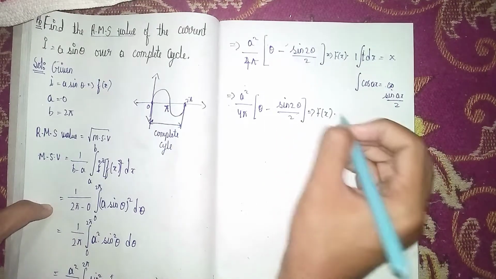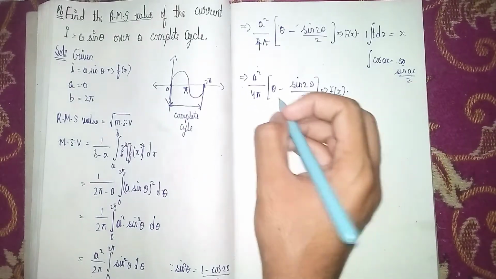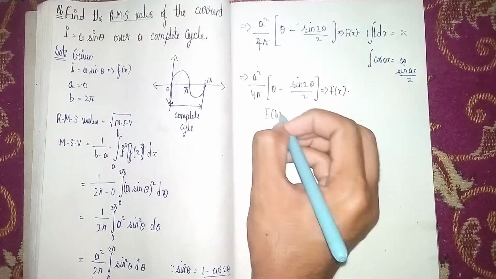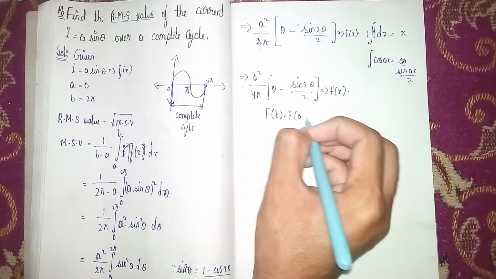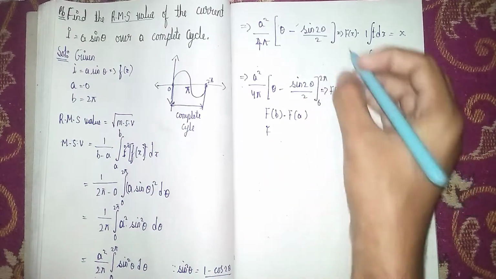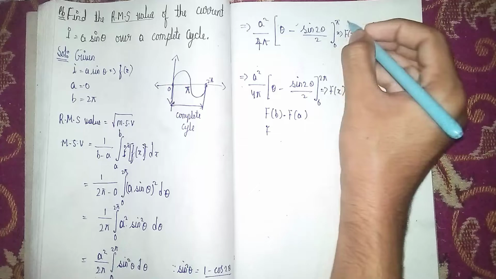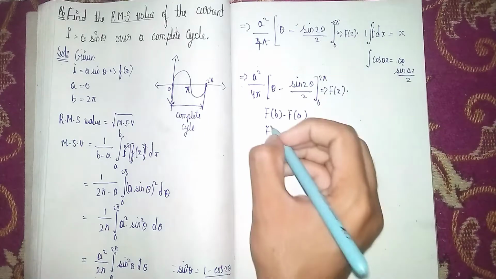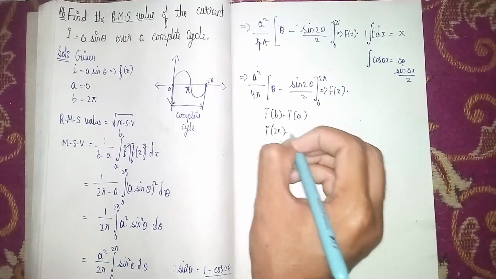Now we have to apply the limits, which means F(b) minus F(a), where b is 2 pi and a is 0.